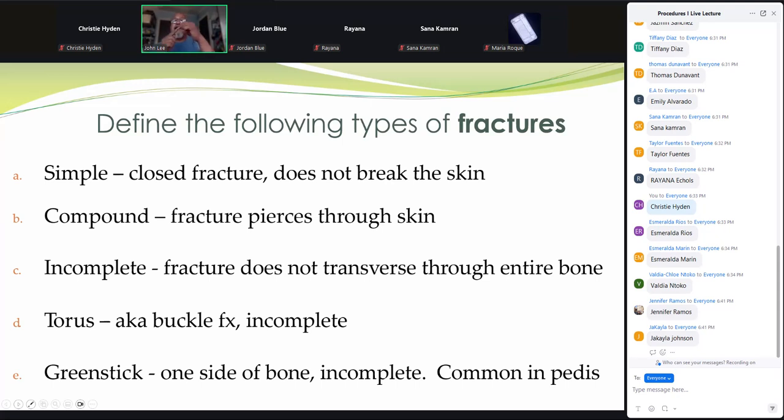You don't actually see a fracture line where we would have continuity along the path of the bone; it just kind of buckles. Greenstick, we have a fracture on one side of the bone. Typically in pediatrics is where we'll see greenstick fractures, because their bones don't have quite the calcification content of adults, so they're a little bit more flexible.